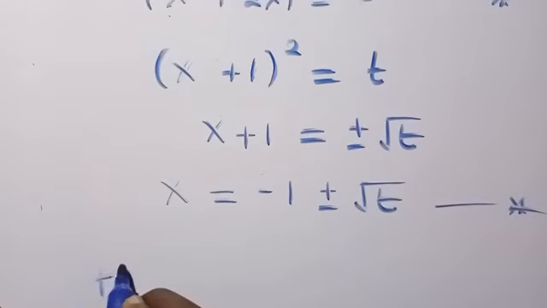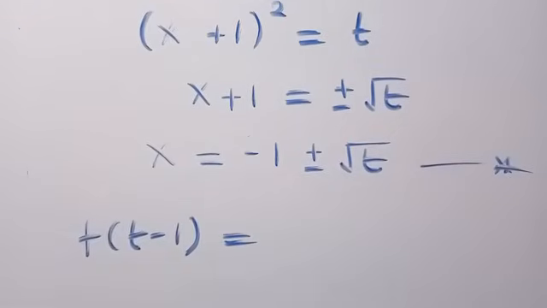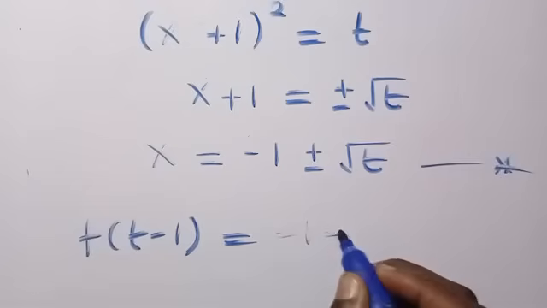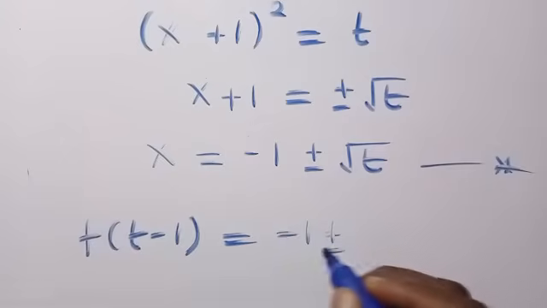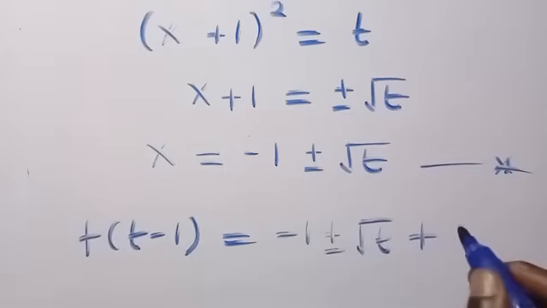Then we are going to have f of t minus 1 equals x plus 9, but x here is given as minus 1 plus or minus the square root of t, then plus 9. So this is what we have here.